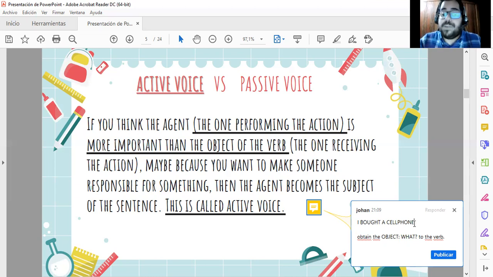Remember that the active voice is the normal sentences that we make, guys, in which we have a doer, someone that does the action. And then we have the object, which is the one that receives the action. So in this active voice, we emphasize the person that is doing the action.